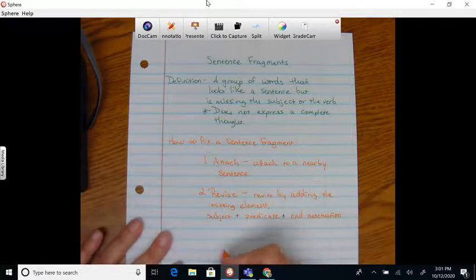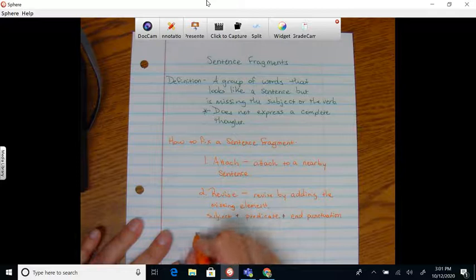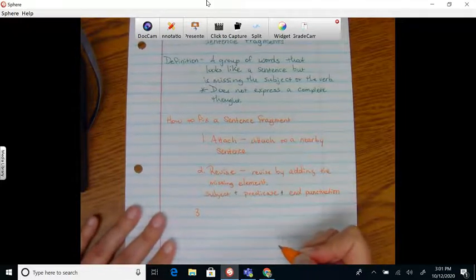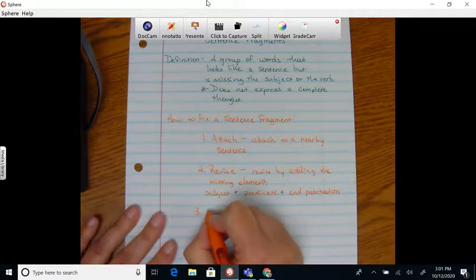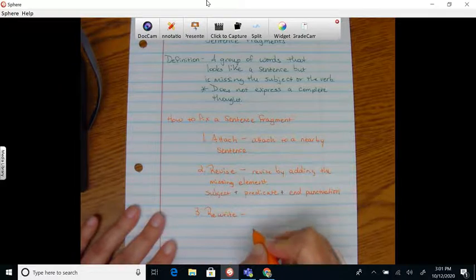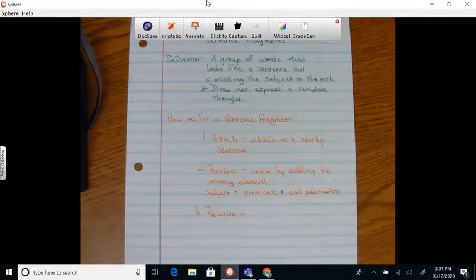Now, the third thing we could do when fixing a sentence fragment is we could do a total rewrite. Say we're looking at this sentence and we go, I have no blasted idea what was going through my mind. I can't even figure out where this thought came from or what it goes to. I can't attach it to something previous because I can't figure out what it goes to.